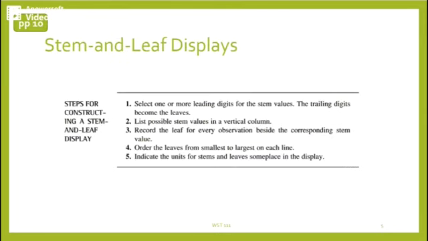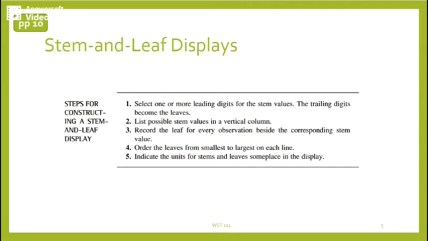Let us look at how we will construct a stem and leaf display. This is on page 10 of your textbook. Let us say we have a numerical data set where x1 up until xn consists of at least 2 digits. Your first step will be to select one or more leading digits for the stem values.